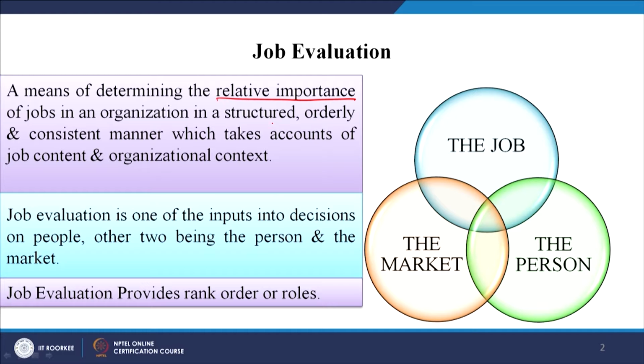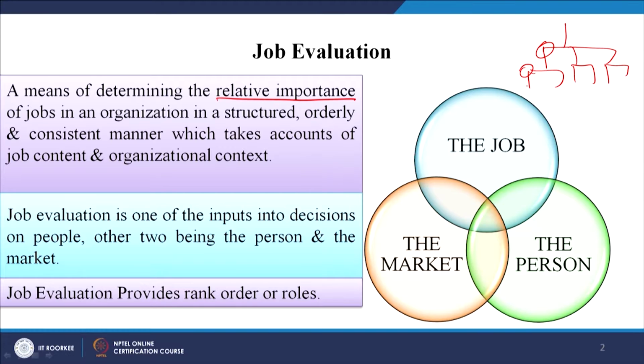Whenever we talk about the organization structure, we look at the level of that particular structure, the different levels, and where the job fits in the structure. So, the relevance of these jobs will be important in a structured, orderly and consistent manner, which takes account of the job content and organizational context.